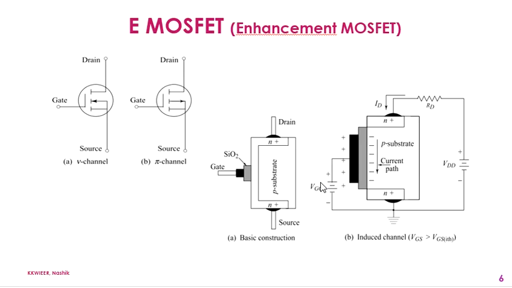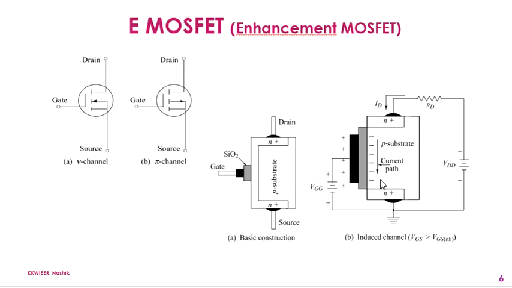As the positive terminal is connected to the gate, positive charge carriers will be generated on the SiO2 layer, and on the other side, in the p-type layer, a thin negative charge layer will get generated. As this VGS voltage increases, the negative charge will increase in the channel, which is called the induced channel in the p-type layer. So this induced channel is called the inversion layer.